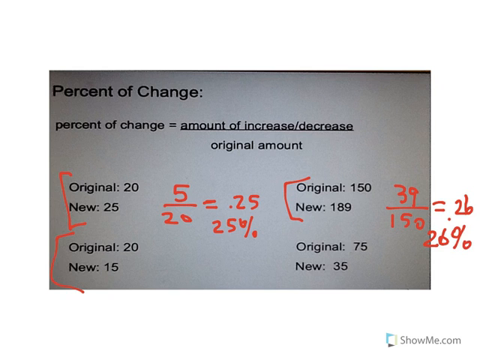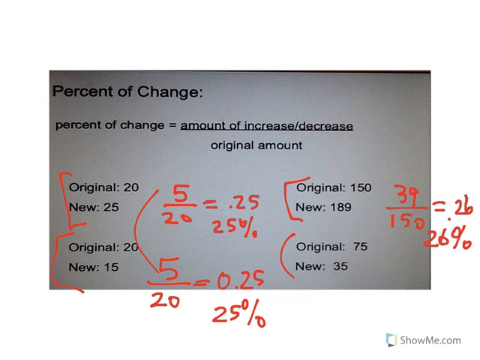Same rules with a decrease. Here it's a decrease, but it's still 5, and the original amount was still 20. So here it's a decrease, but it still is 0.25, and so it's a 25% decrease. And that makes perfect sense, because 25% increase or decrease, it's going to be the same amount, just one's going up and one's going down.